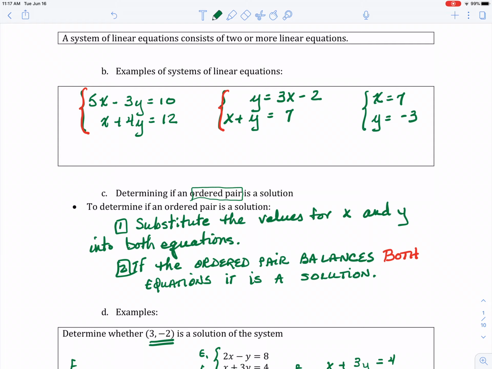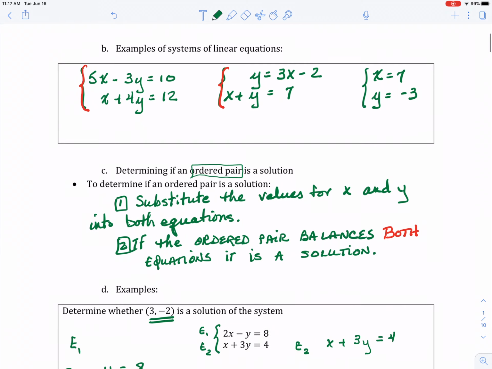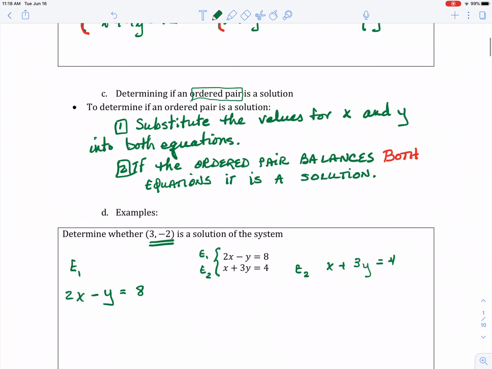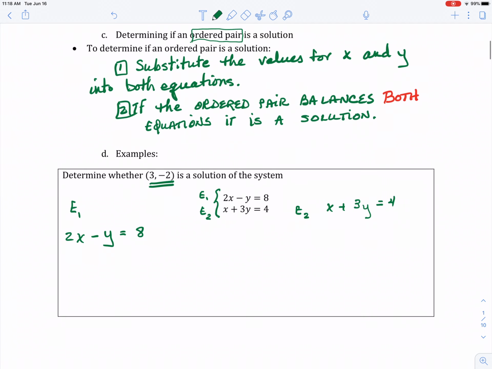So in each of these we're going to be looking for 2 answers, an X answer and a Y answer. And in these first ones you're going to be given the solution, the X and the Y. And what we're going to be doing is substituting in for X and Y, run through the arithmetic, and see if that pair of numbers, X and Y, balances both equations. If it does, we will say that it is a solution.